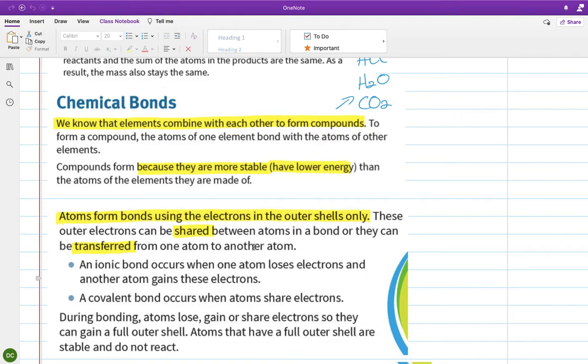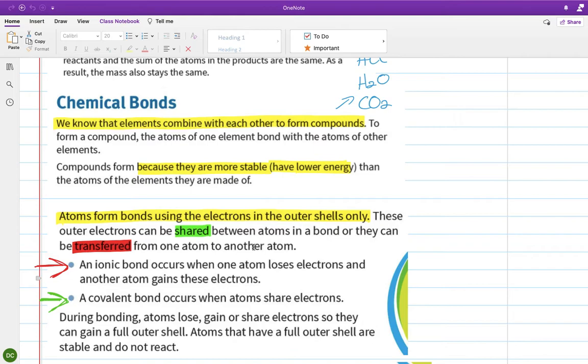If they're shared, so green to green, it's a covalent bond. If they're transferred, it's an ionic bond.